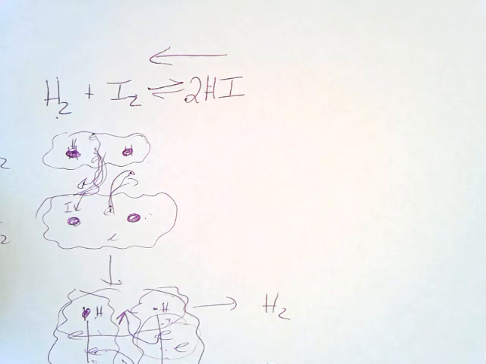The H's rejoin, the I's rejoin, and the result of that is you get an H2 and an I2. So the HI molecules now begin to back react to reform H2 and I2.